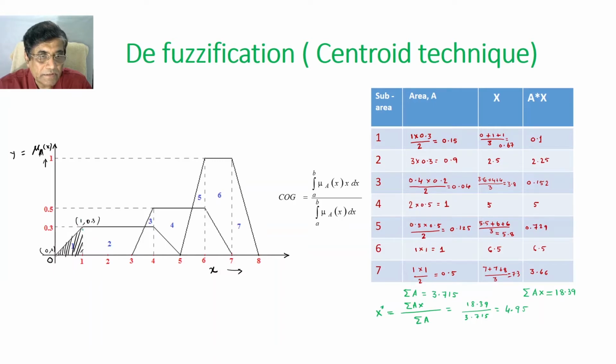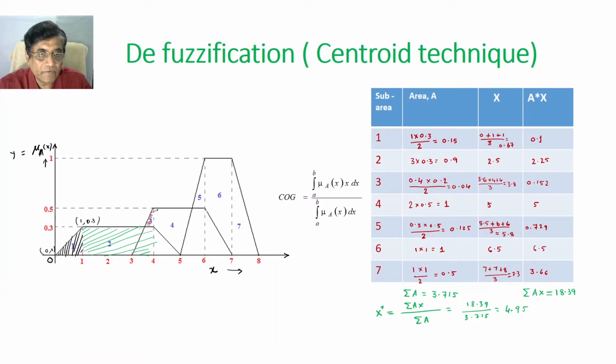say this is 2, okay, then this is sub area 3, because we do not want repetition, right?